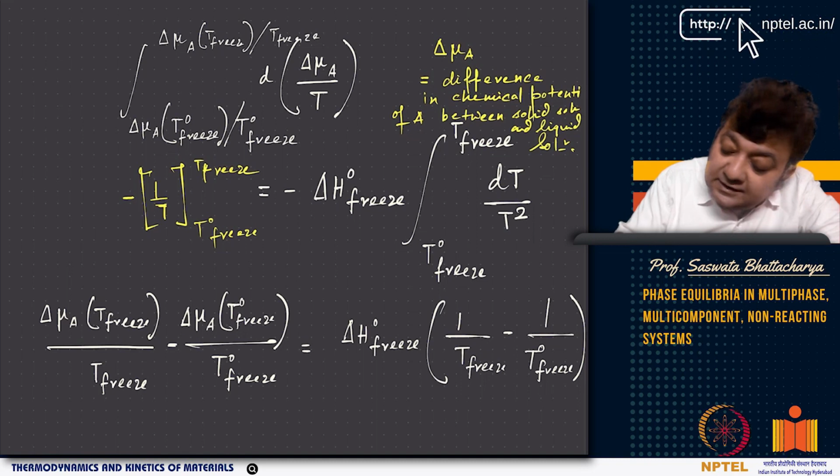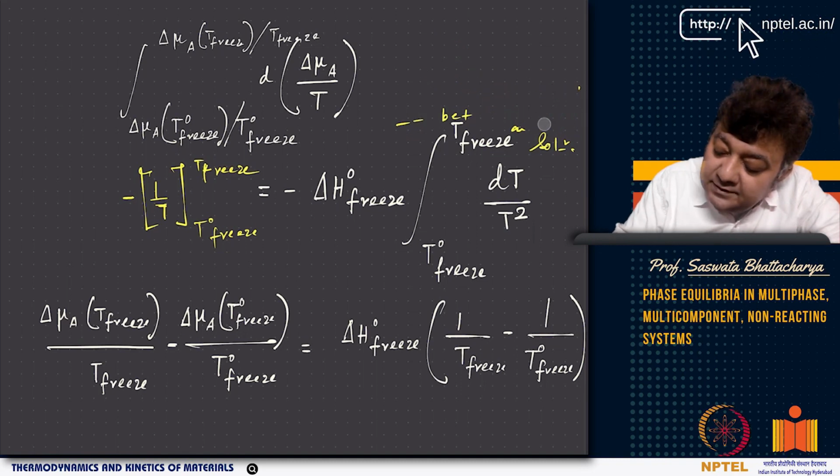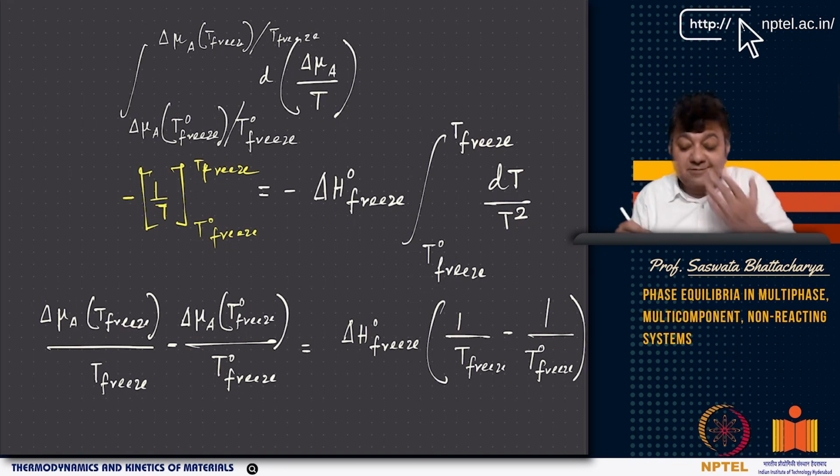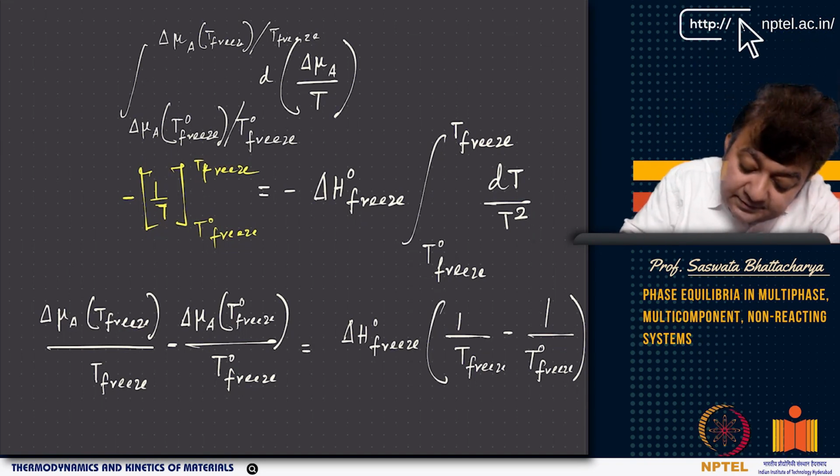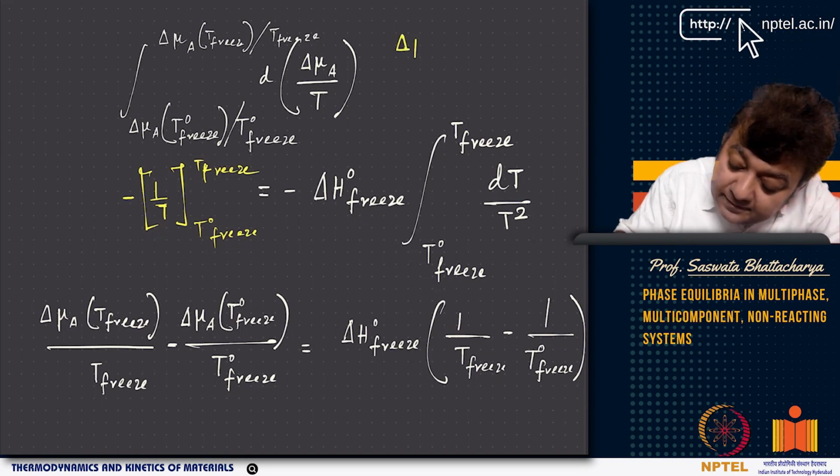So that is the delta mu. Delta mu A is the difference. I am not keeping it here because it becomes clumsy. Delta mu A is basically mu A solid minus mu A liquid.